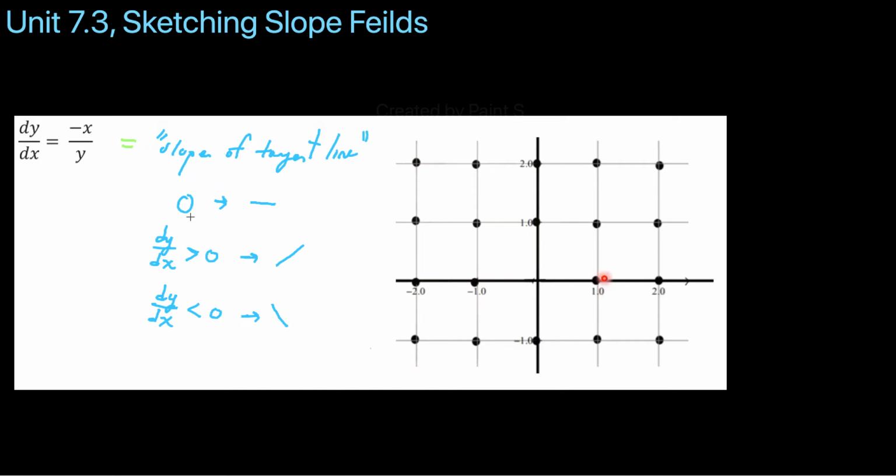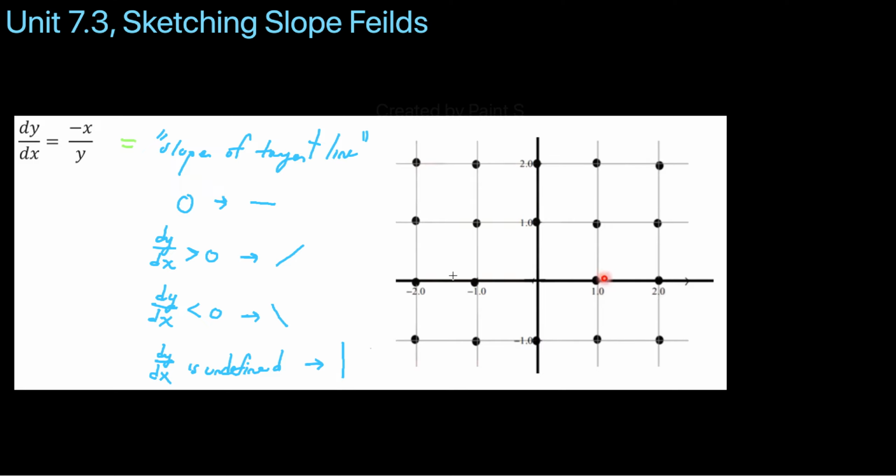We also should remember that if dy/dx is undefined, which means you're dividing by 0, that looks like a vertical line, because this line has undefined slope.